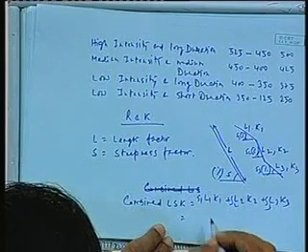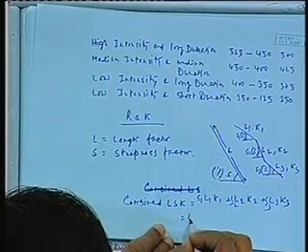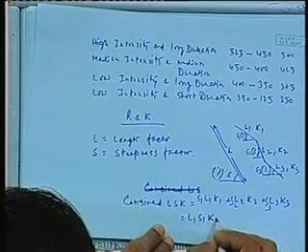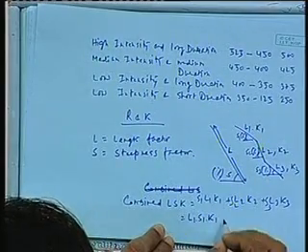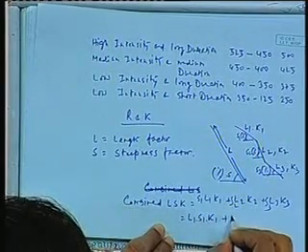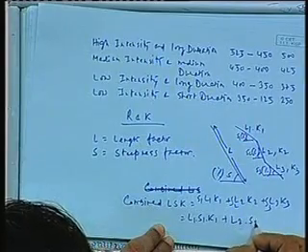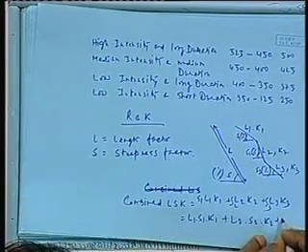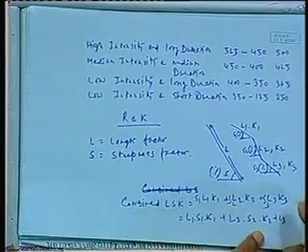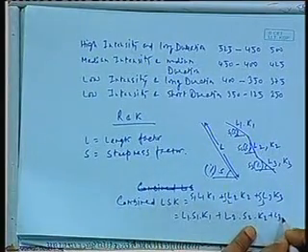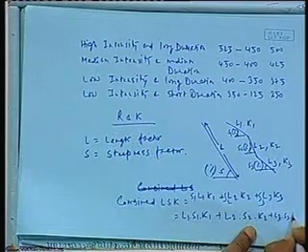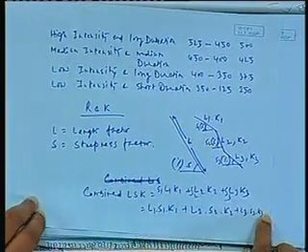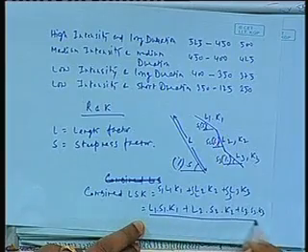Or else, conventionally, you can write L1 S1 K1, all multiplied, plus L2 S2 K2 plus L3 S3 K3. So this is the combined LSK.